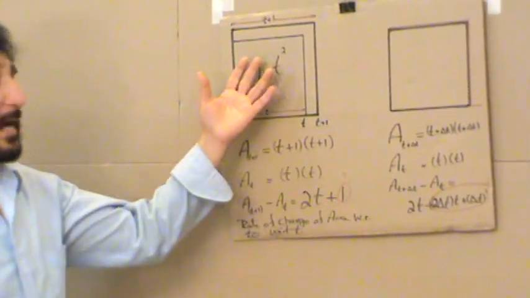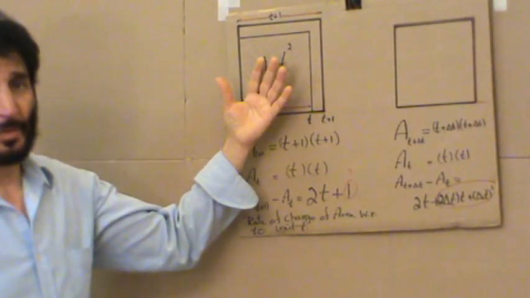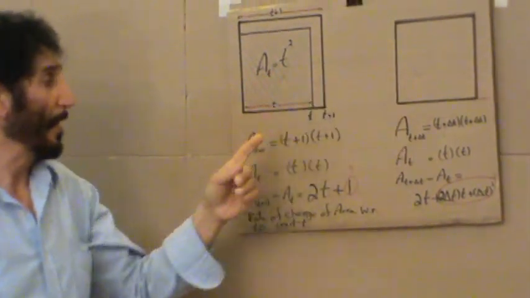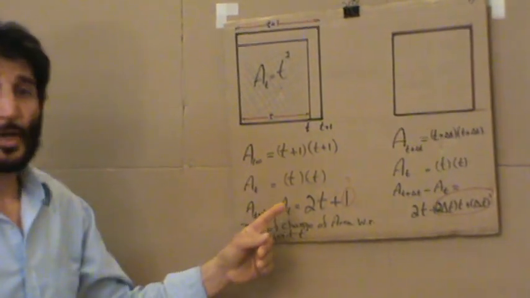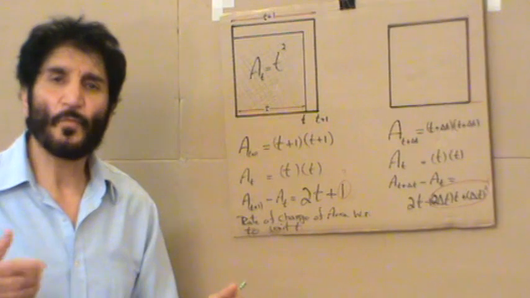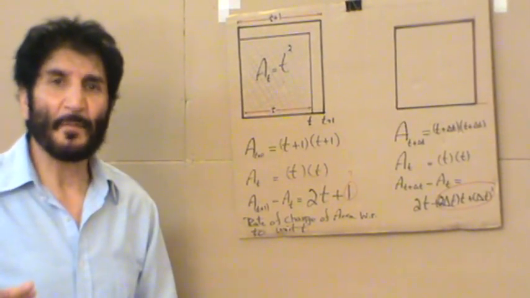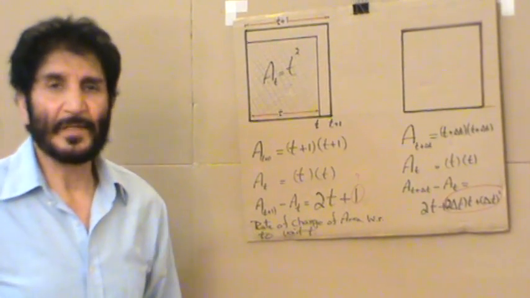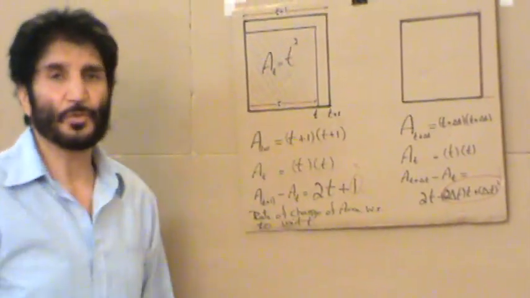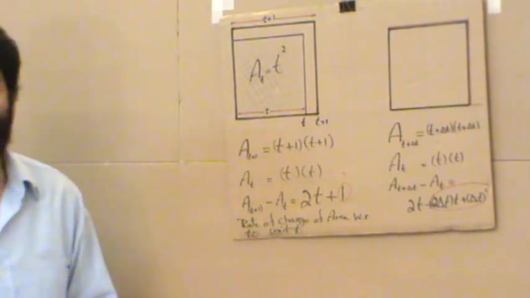If we subtract the area of the smaller square from the larger square, as I have written here, we end up with 2t plus 1. Then the question is, where does the 1 come from? Those of you who are a little familiar with the derivative know that the derivative of t squared should be 2t, yet I end up with 2t plus 1. Where does the 1 come from?